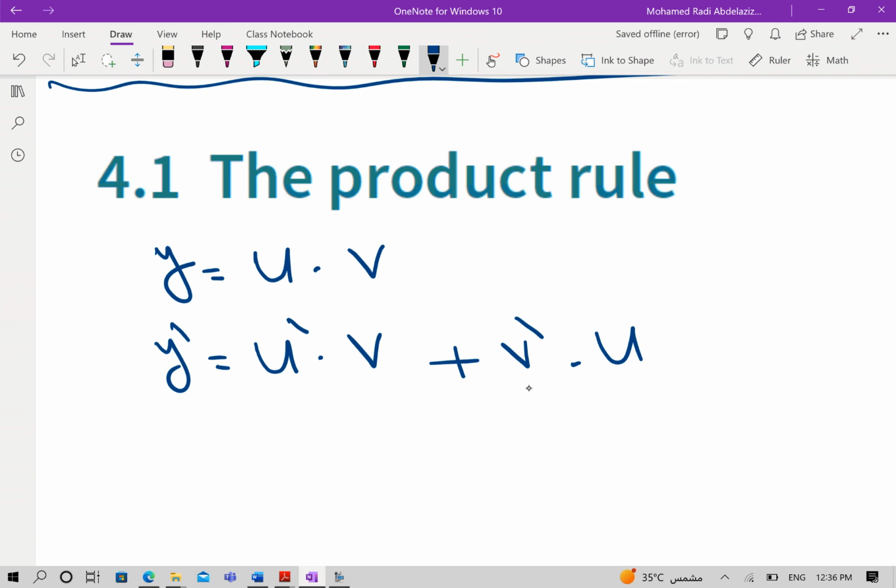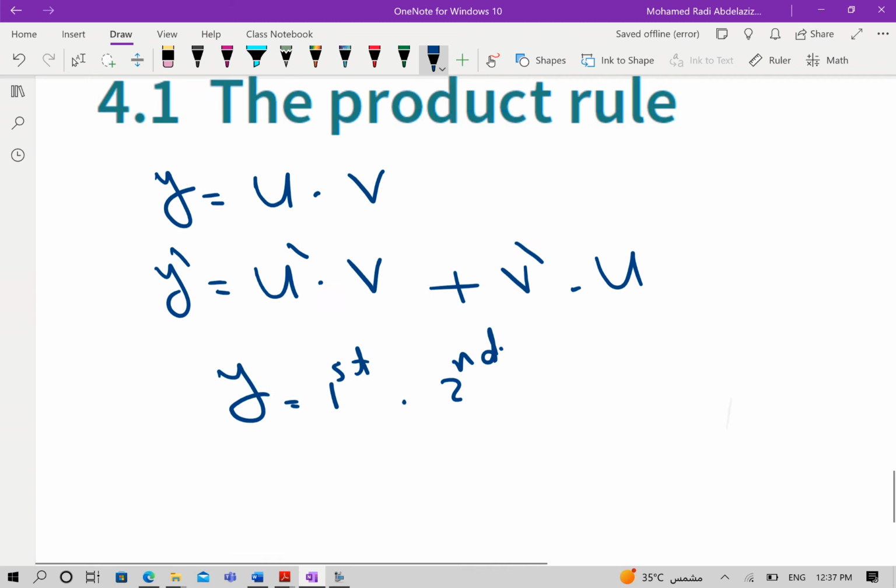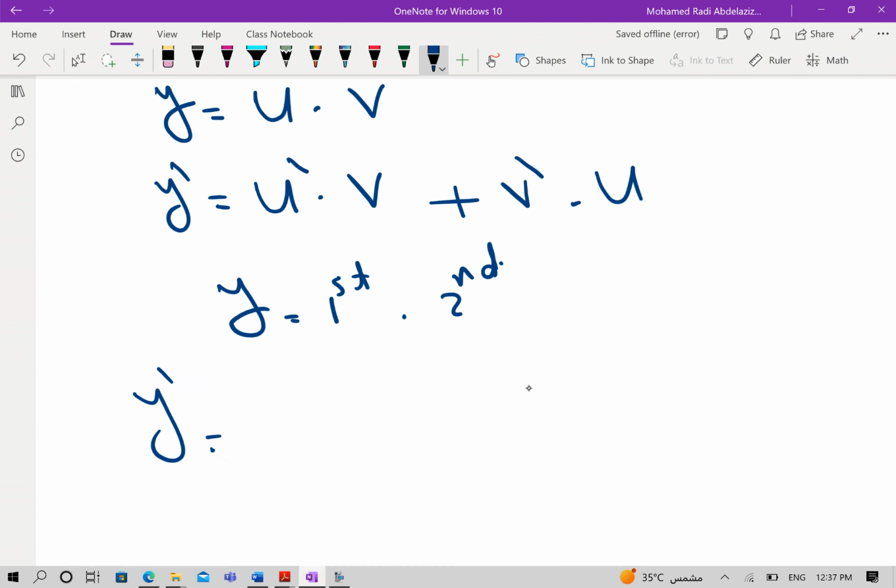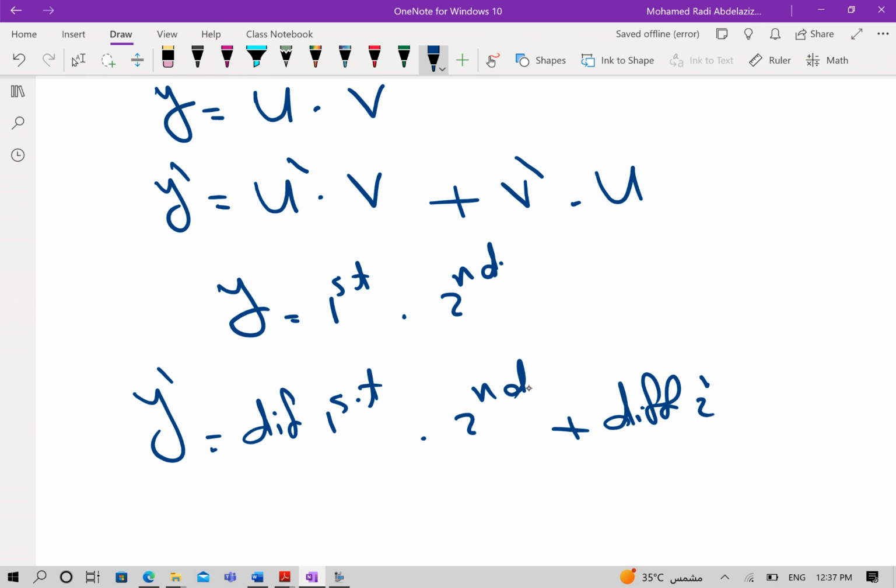Differentiation of first multiplied by second plus differentiation of second multiplied by first. Yes, to get the derivative of a product, find the derivative of first multiplied by second plus derivative of second multiplied by first. Clear?